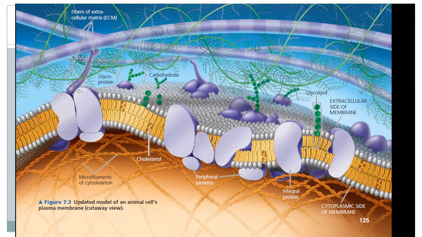They are loosely bound to the surface of the membrane. On the cytoplasmic side of the plasma membrane, some membrane proteins are held in place by attachment to the cytoskeleton, and on the extracellular side by some proteins that are attached to fibers of the extracellular matrix.